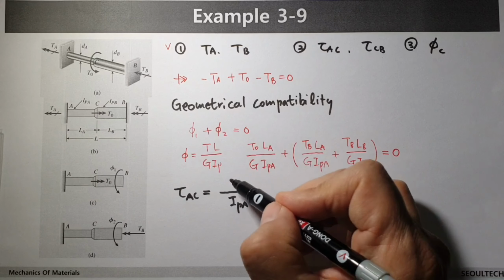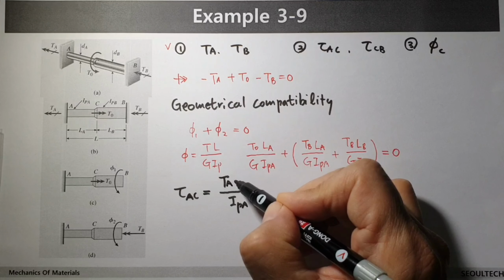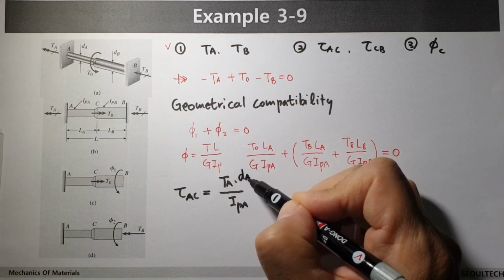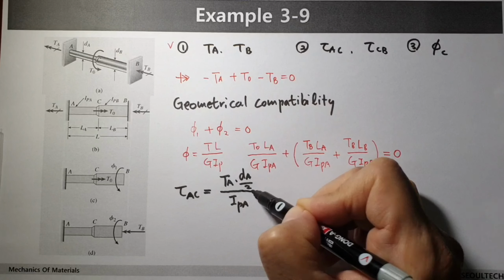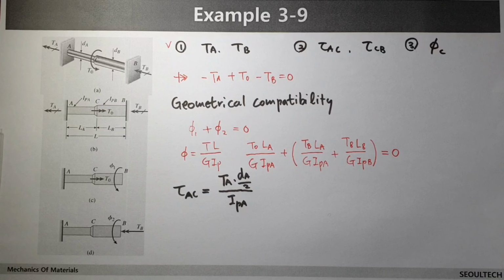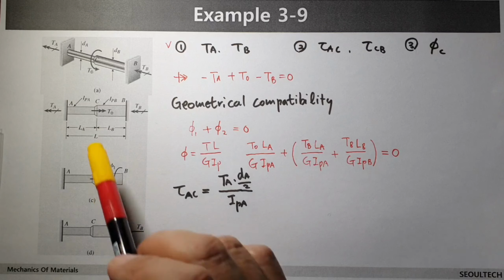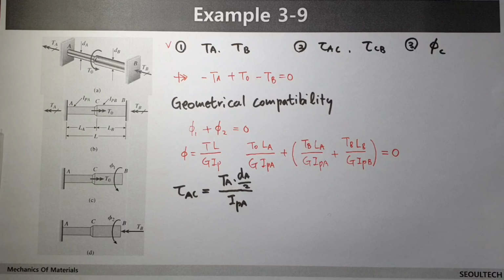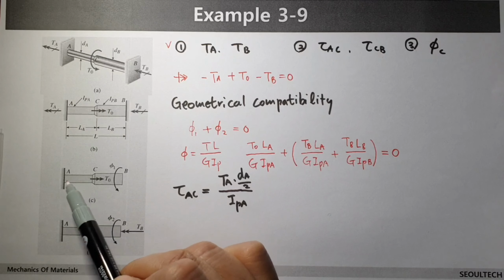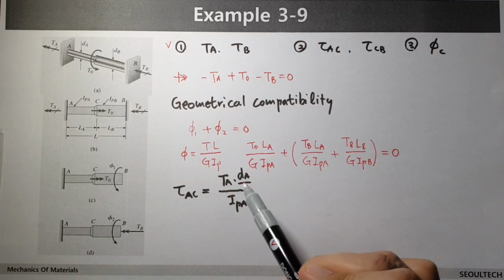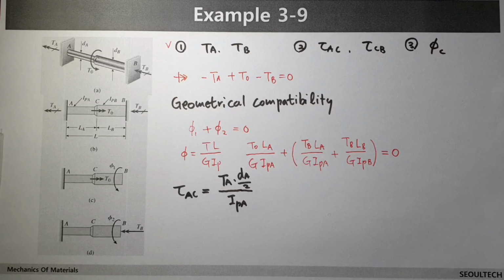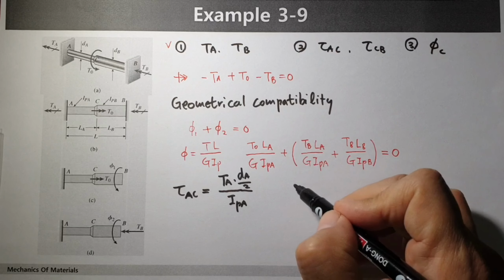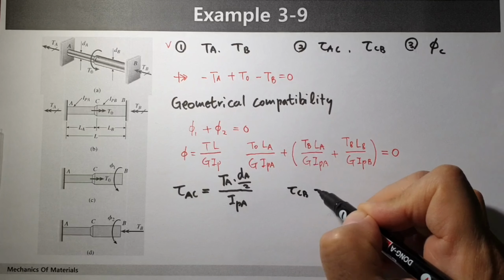We apply TA on the left side. The radius is dA over 2. This is tau AC. On the left side, in this segment AC, we assume torque TA is applying. Then we can calculate tau AC.